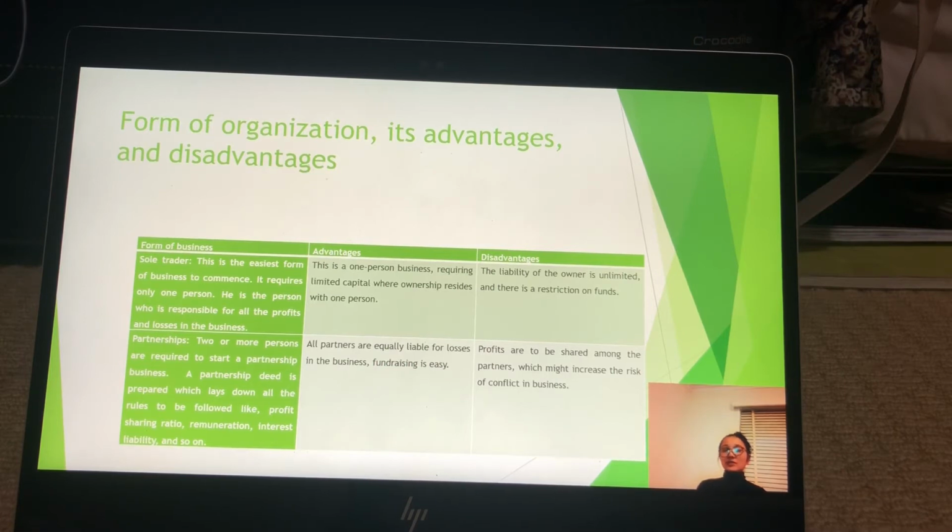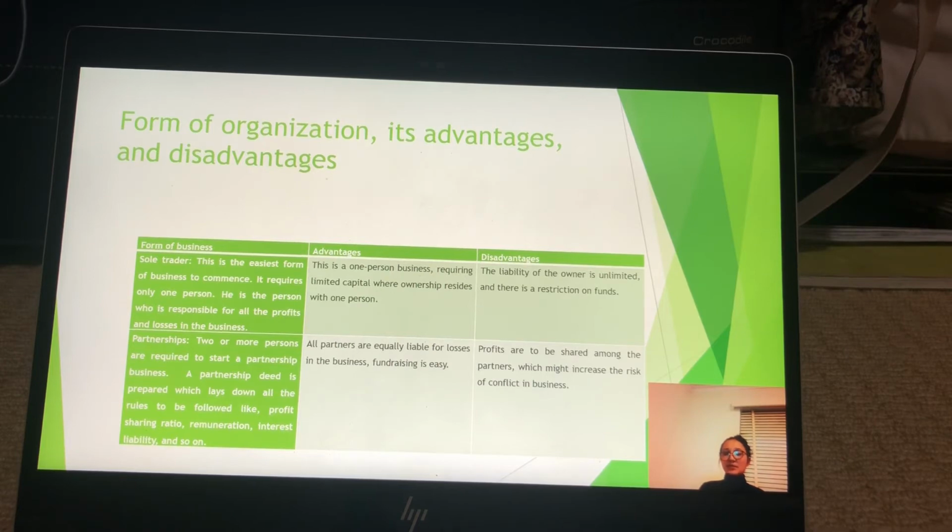Sole trader is one of the easiest forms of business. Only one person is responsible for all the profits and the losses in the business, while partnership requires two or more persons to start a business.